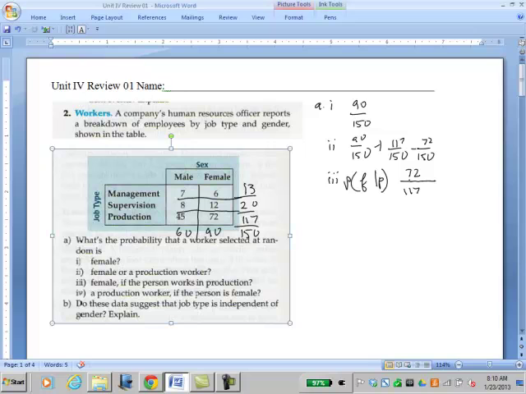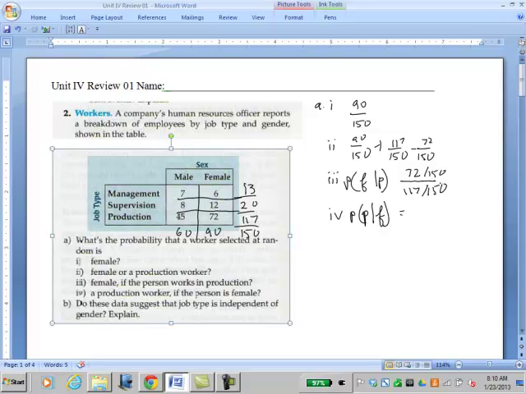And then IV: a production worker, if the person is female. Given you're female, what's the probability of production? All of these are over 150, which cancel out.